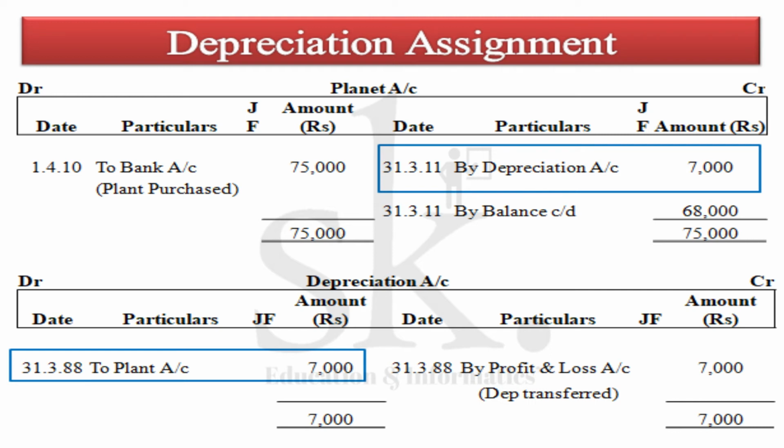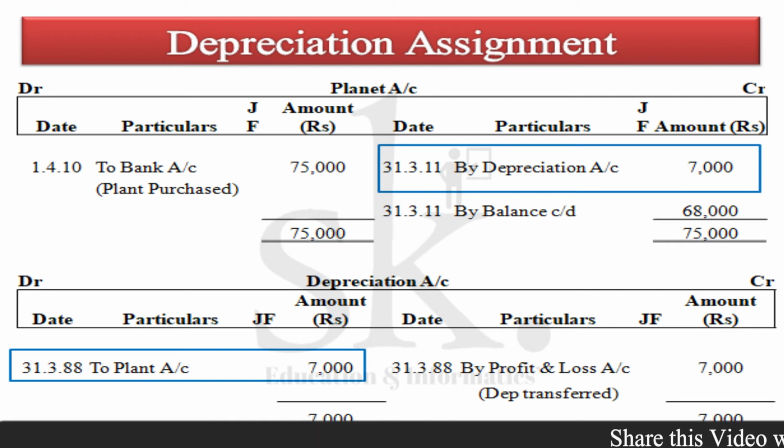Therefore, in the plant ledger account, it will be "by depreciation account" rupees 7,000. Similarly, in the depreciation account, it will be "to plant account" rupees 7,000, because the journal entry is depreciation to plant. So depreciation is recorded on the credit side of the plant account, and plant is recorded on the debit side of the depreciation account.